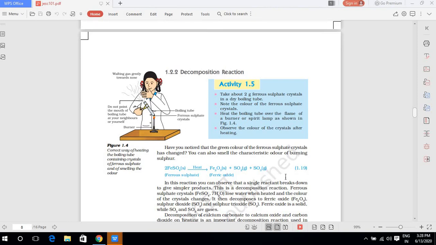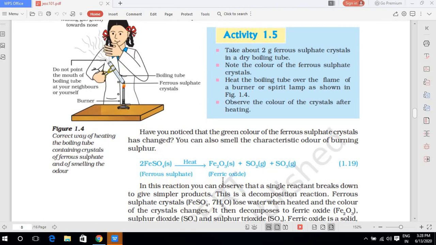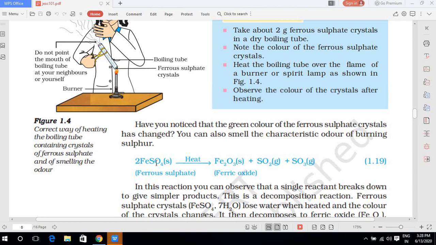Supposing the example is given here, the reaction of ferrous sulfate. The ferrous sulfate, when you heat it up, will result in ferric oxide. It will give off the sulfate groups. Here they have given this ferrous sulfate. This is one identity, and it will decompose to form different groups, actually three different groups.